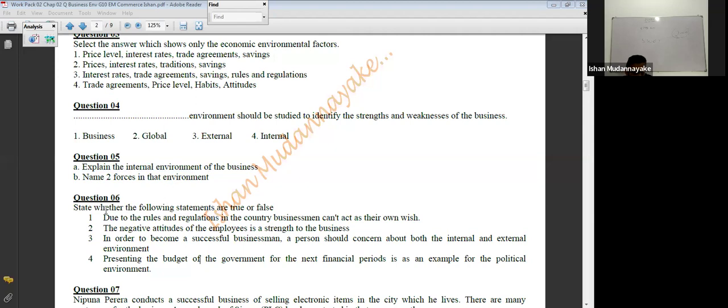I have allocated my time to do another class in Baththaramulla, an A-level class. That class is 3:30 to 6 in Baththaramulla. After finishing that class, within 1 hour, I need to come home to do this class. That's the issue.